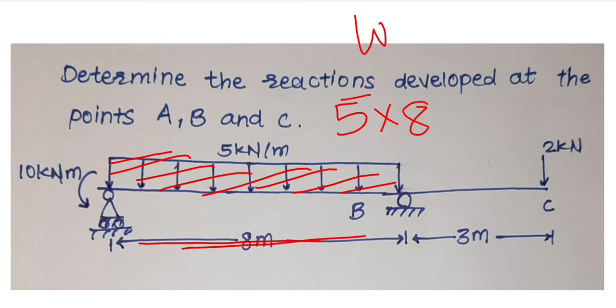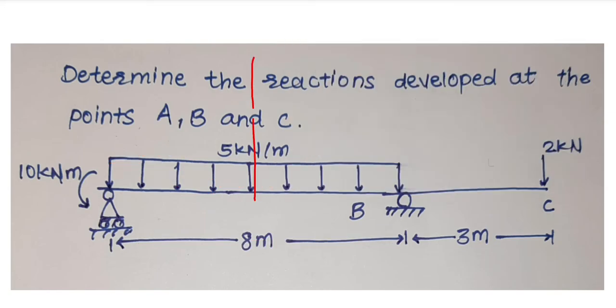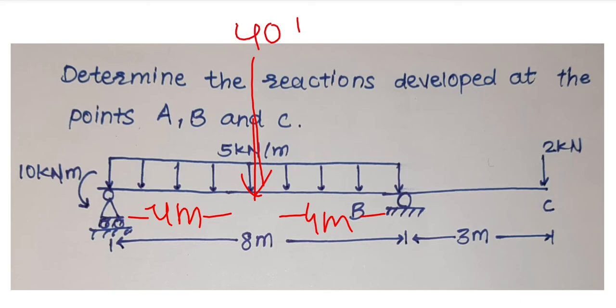That is, W into L is the magnitude of the force, that is 5 into 8, that is 40 kilonewton. This is 4 meter and this is 4 meter. At the 4 meter distance, a force of 40 kilonewton will act. This is our first conclusion.